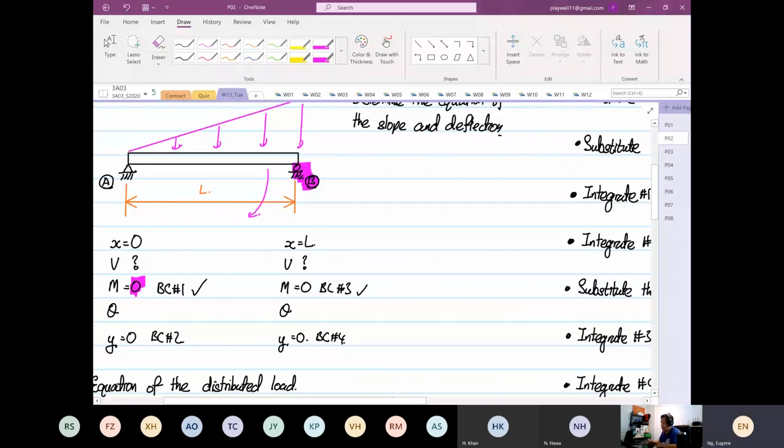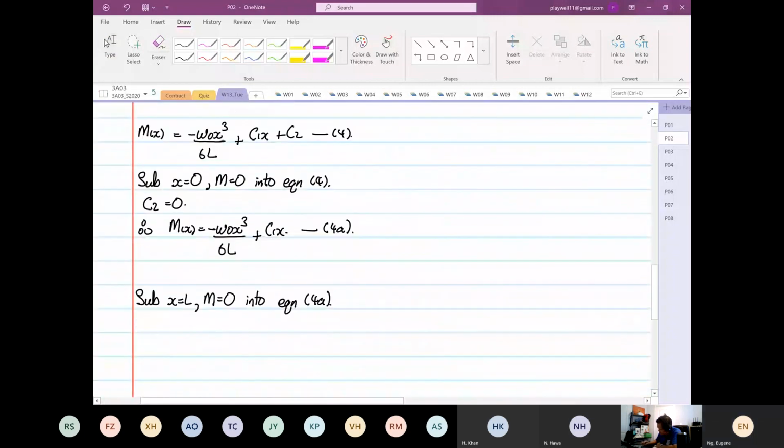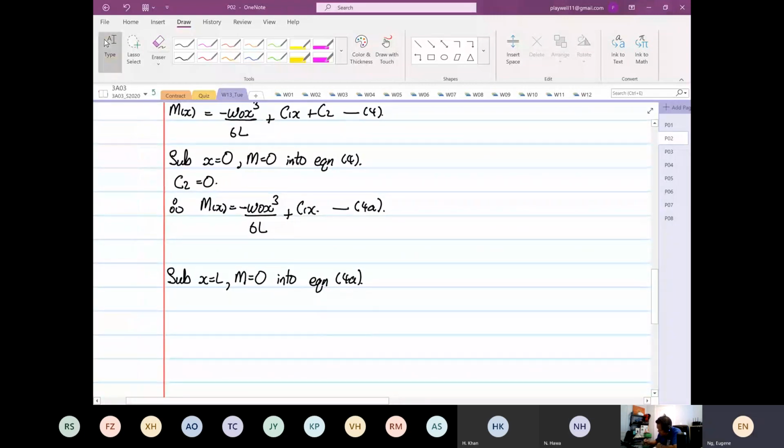When x equal to L, M is equal to 0, that's boundary condition number 3. So from here, we will have 0 is equal to minus omega naught L squared over 6 plus C1 L. So therefore, C1 is equal to omega naught L over 6. Okay, so that's our C1.